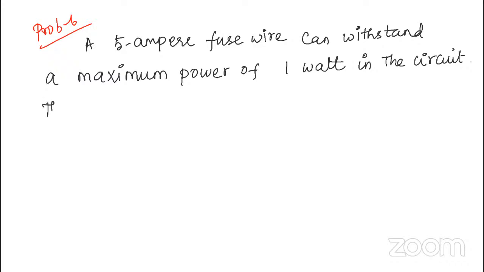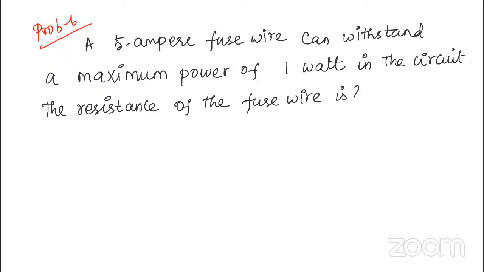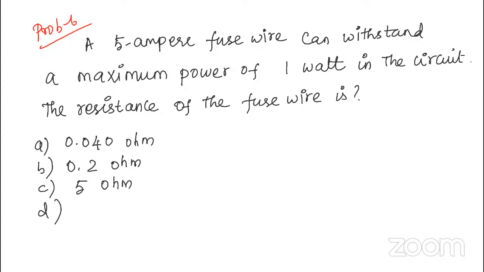Then the resistance of the fuse wire is? They are given the options: A, 0.040 ohm; B, 0.2 ohm; C, 5 ohm; and D, 0.4 ohm.